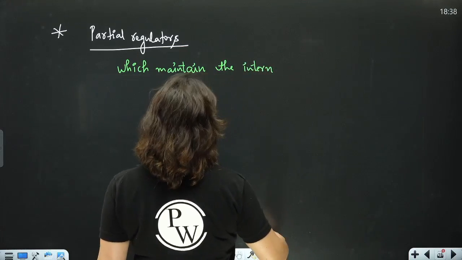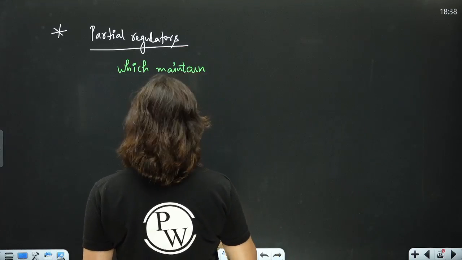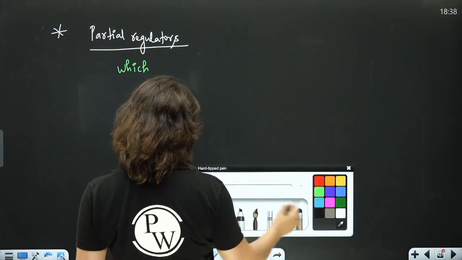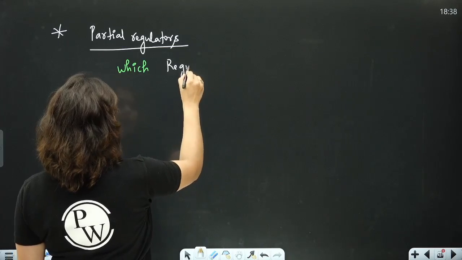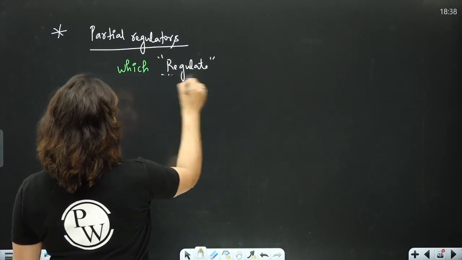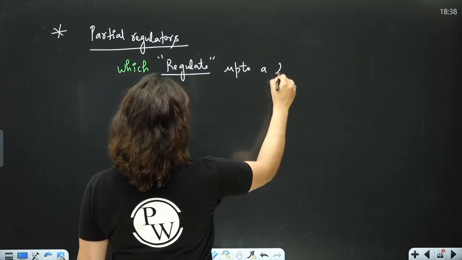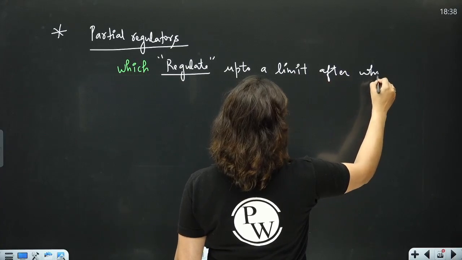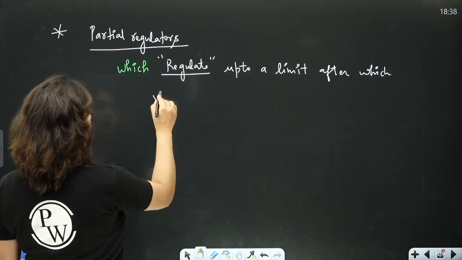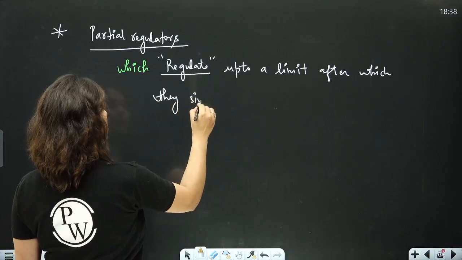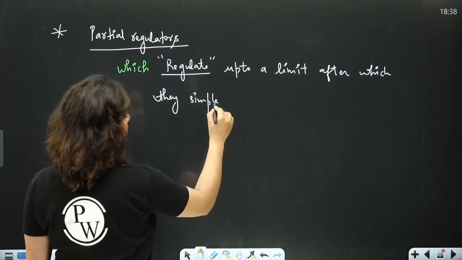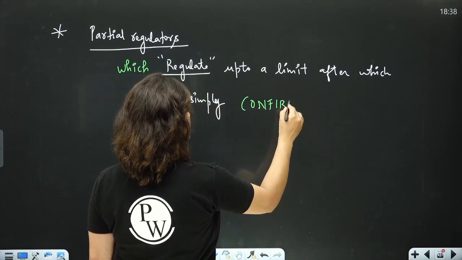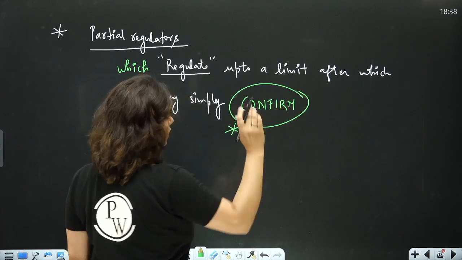Those organisms which regulate up to a limit, after which they simply conform. Up to a limit they are regulators, they fight, but after that they simply conform.